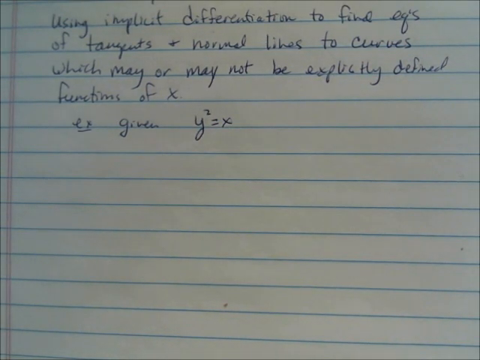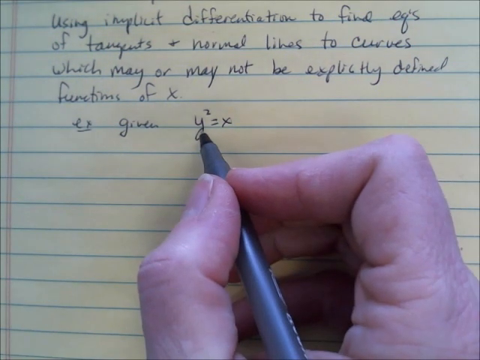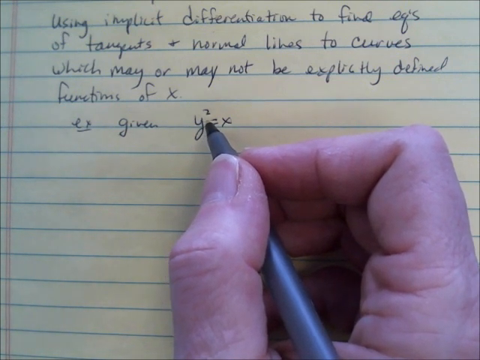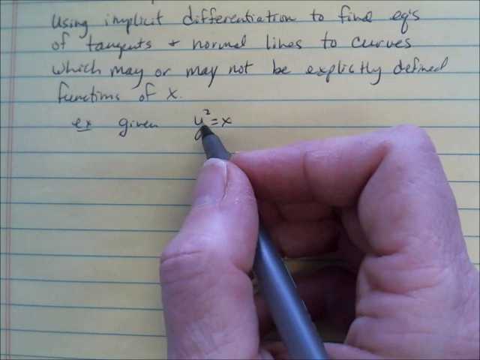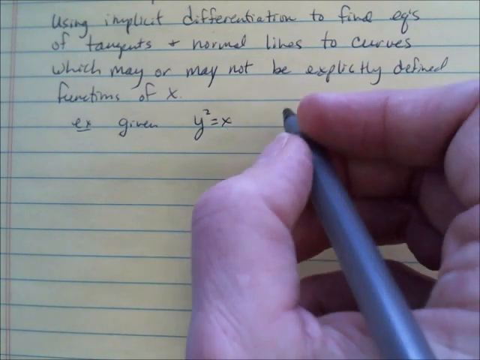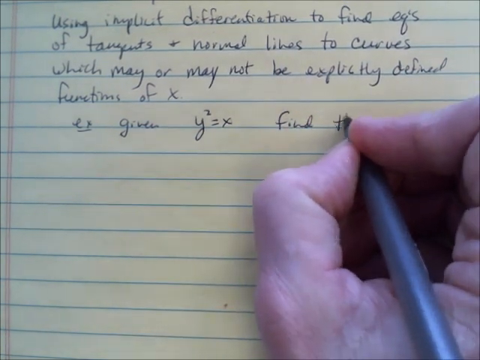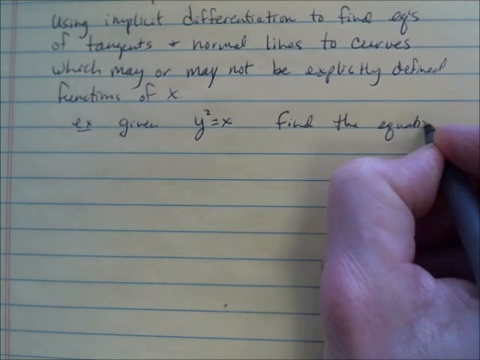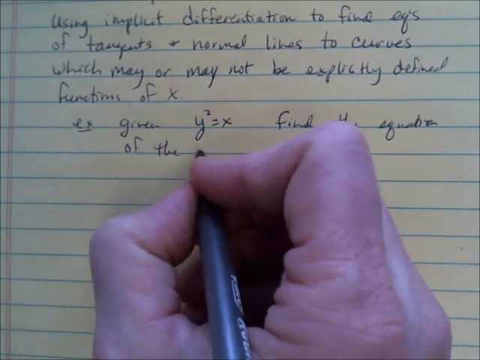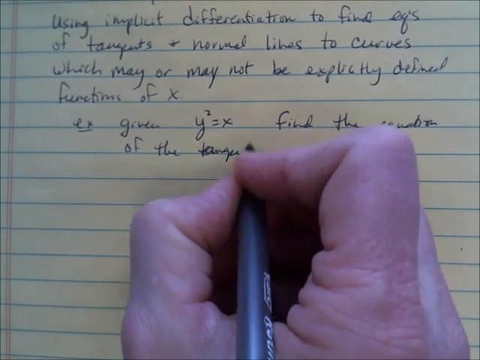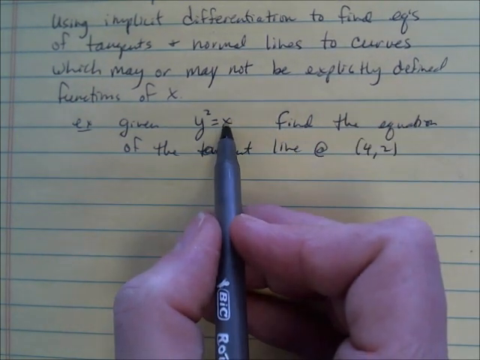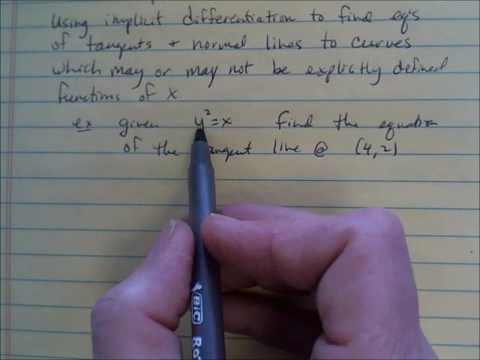Right now we don't have an explicitly defined function of y in terms of x, but maybe we want to find the slope at point (4, 2). When x is equal to 4, y is equal to 2.